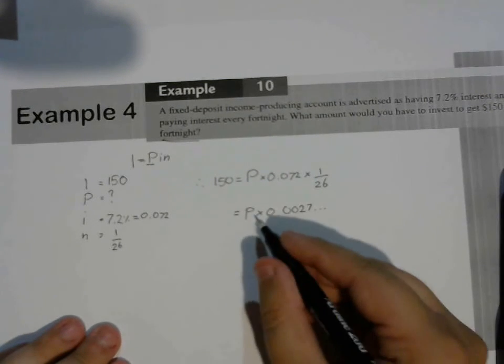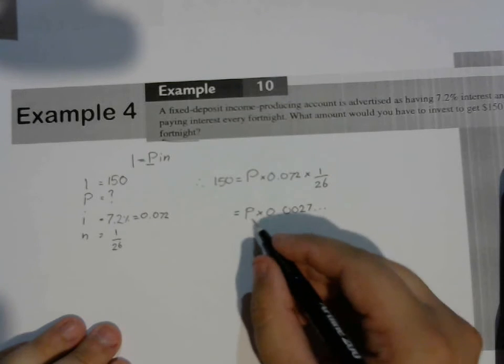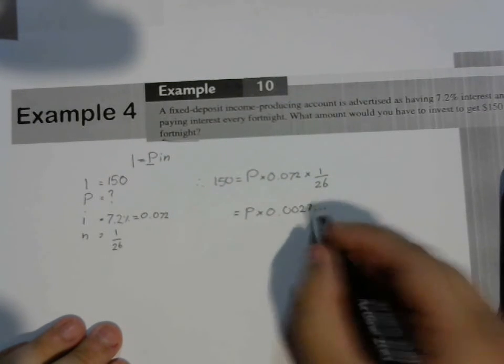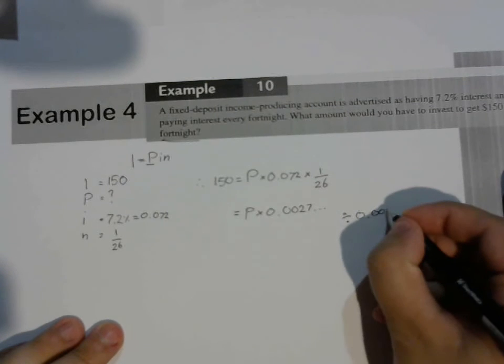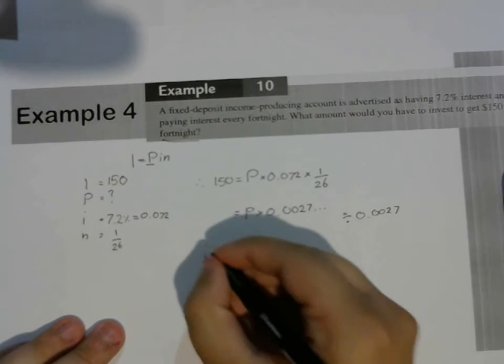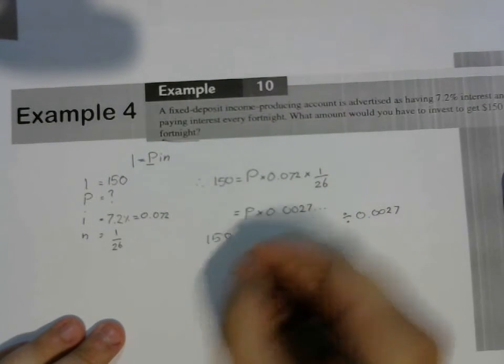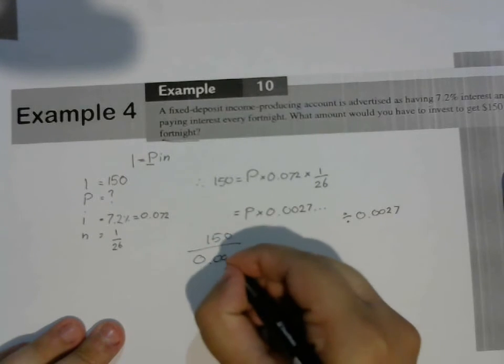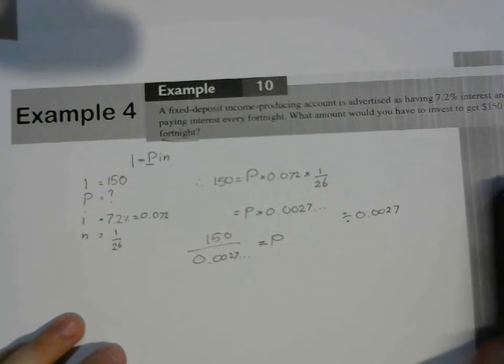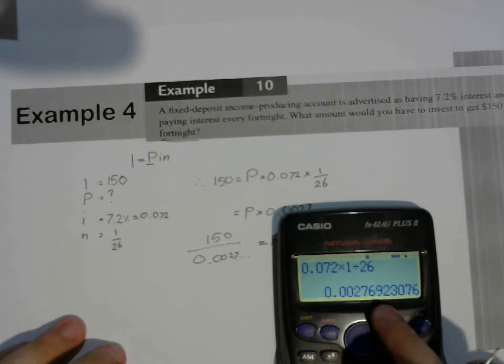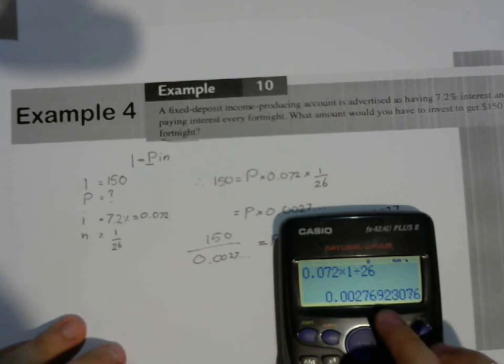Now, I want P by itself, so we have P times this number. We're going to divide by that number to get rid of it, so we're going to divide by that number on the other side. 0.0027 dot dot dot equals P. And I left that number on my calculator. That's my answer.